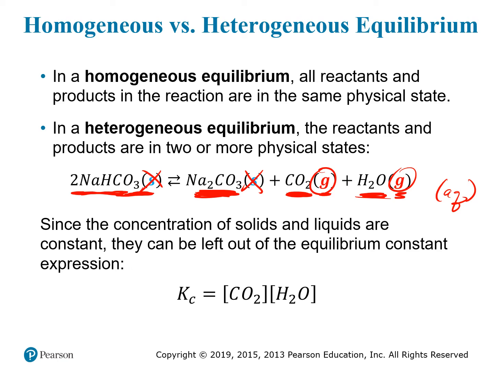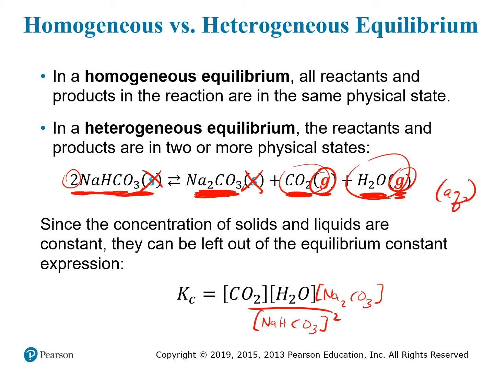So in this case, we have two solids and two gases, and so the gases are the only thing that show up in the equilibrium expression. Okay? We could write the whole thing out, right? I could write this whole thing where I also include the concentration of Na2CO3, sodium carbonate. Those are the three products, and then I divide it by the concentration of sodium bicarbonate, NaHCO3, and I would raise that to the second power because there's a 2 here. Everything else just has a 1, so there's none of that.